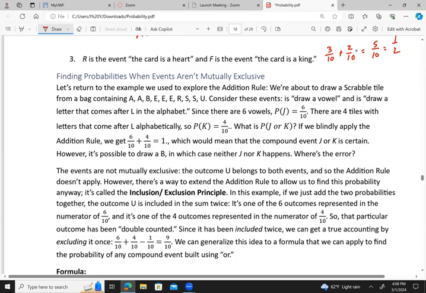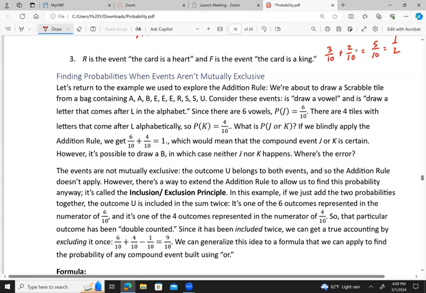J is draw a vowel, and K is draw a letter that comes after L in the alphabet. Since there are 6 vowels, the probability of J equals 6/10. There are 4 tiles with letters that come after L in the alphabet. So probability of K is 4/10.